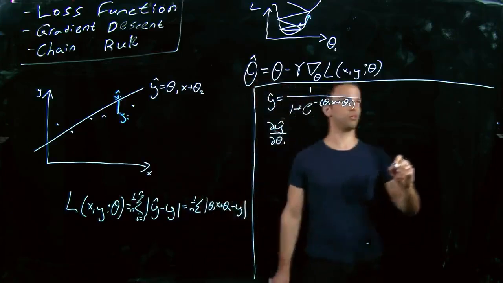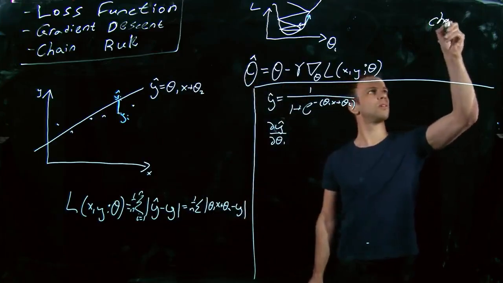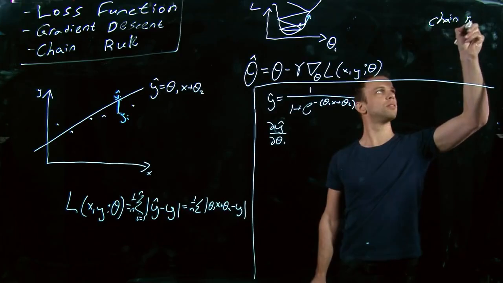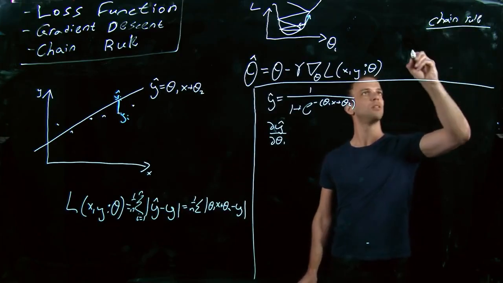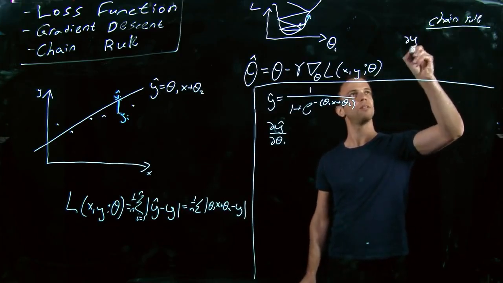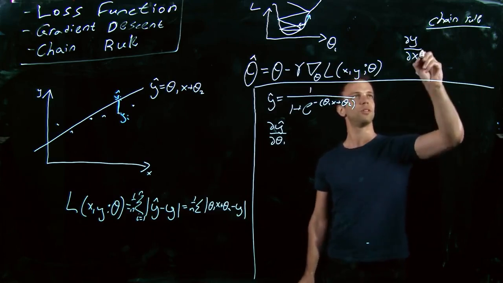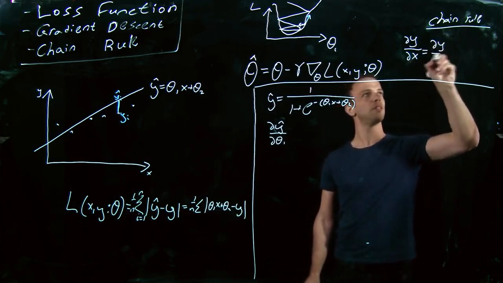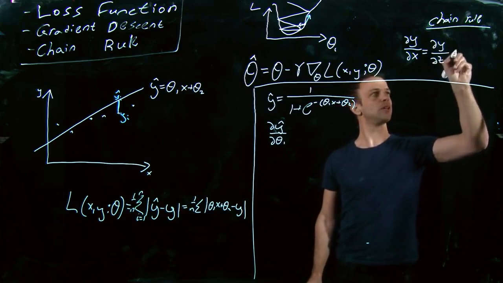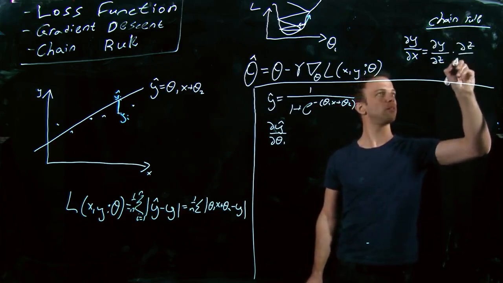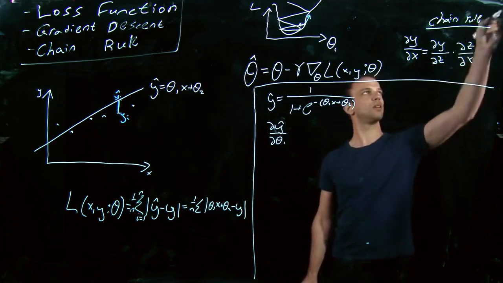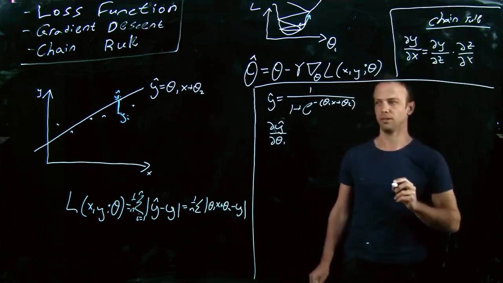So what the chain rule tells us, let's write it down here, is that if I have some function that I want to derive according to x, I can actually derive it in parts. Okay, this is all.